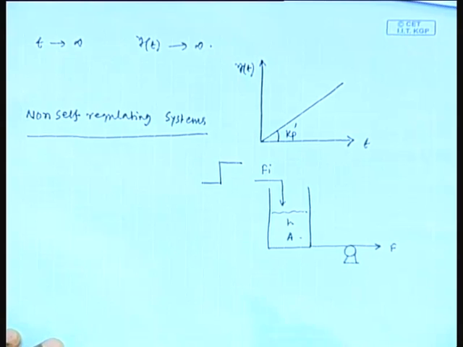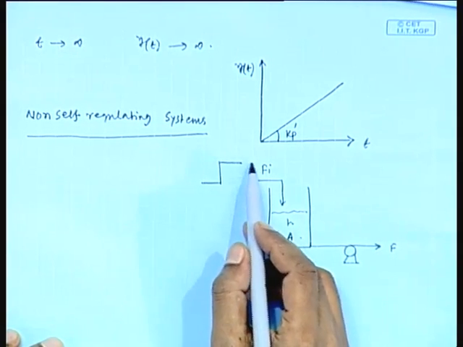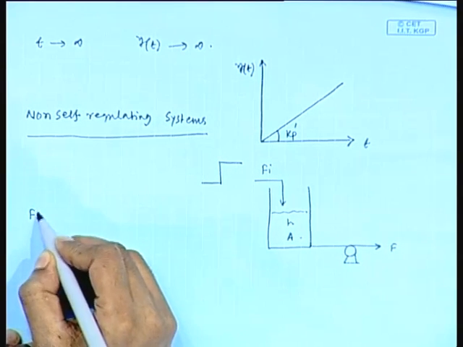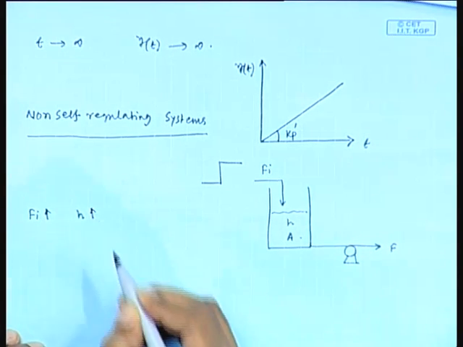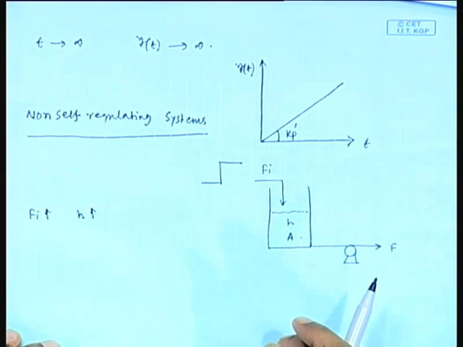Agree? So, if we consider here positive change, I mean if we increase Fi, then the height of liquid in the tank increases, and this tank becomes flooded. Agree?